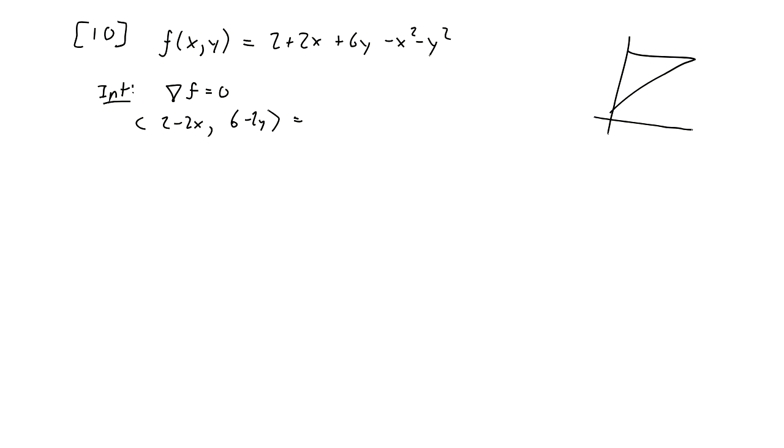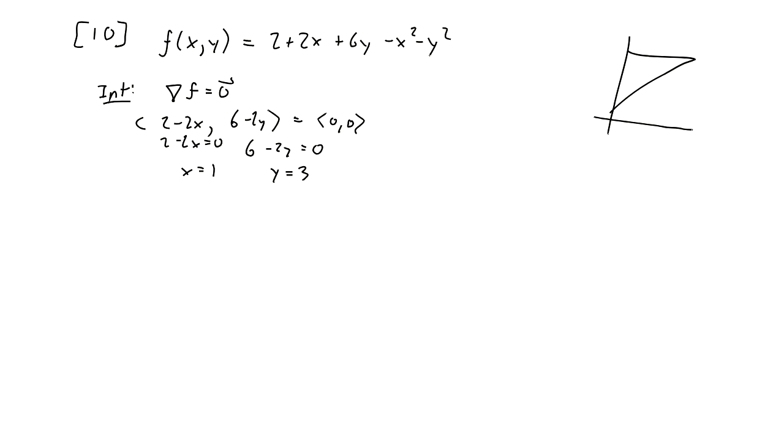We set that equal to the 0 vector, 0, 0. So 2 minus 2x is 0, and 6 minus 2y is 0. That looks like x equals 1 and y equals 3.